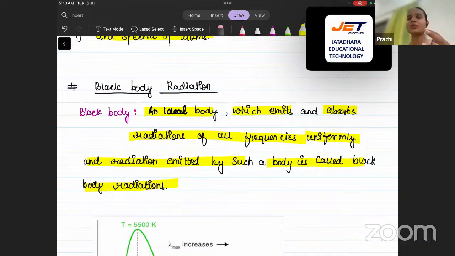For example, right now you can see that this pen is white. Why is it looking white? Why can't you perceive it as pink or red or some other color? It is looking white because if light is falling on it, it is reflecting all of the light. If I combine all the colors present in the VIBGYOR, then it will give me white.